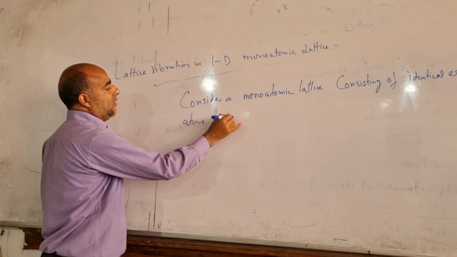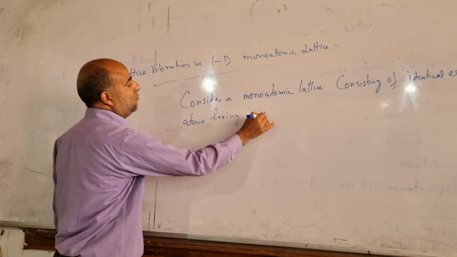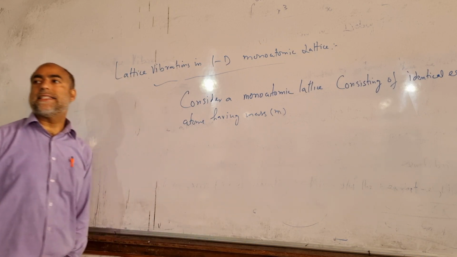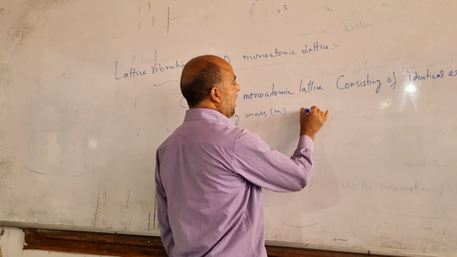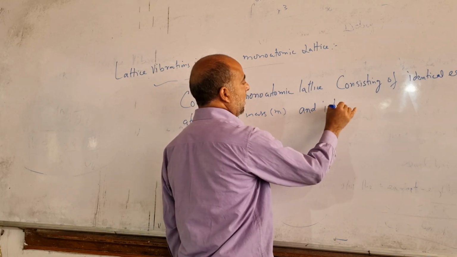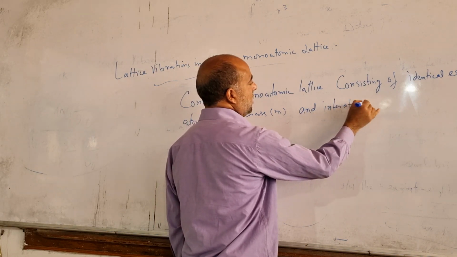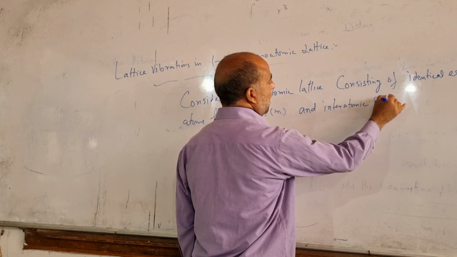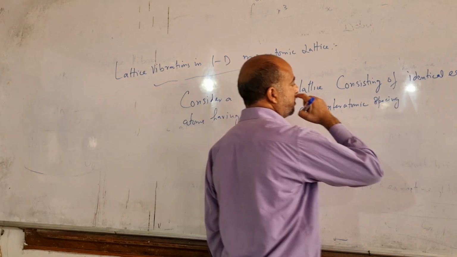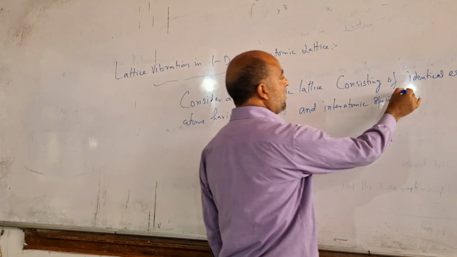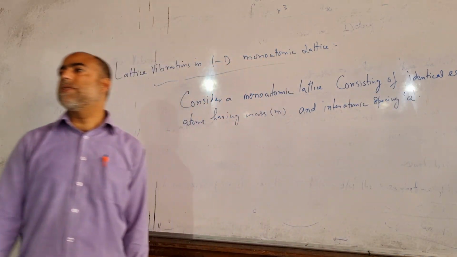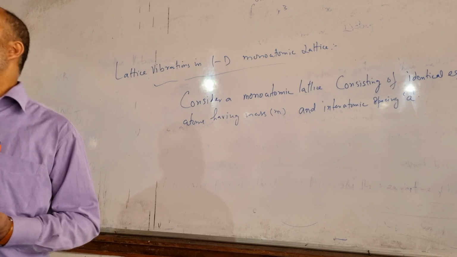having mass m and interatomic spacing a. a is the interatomic spacing and m is the mass, because all the atoms are having the same mass.